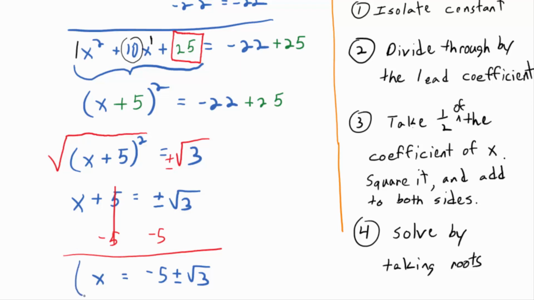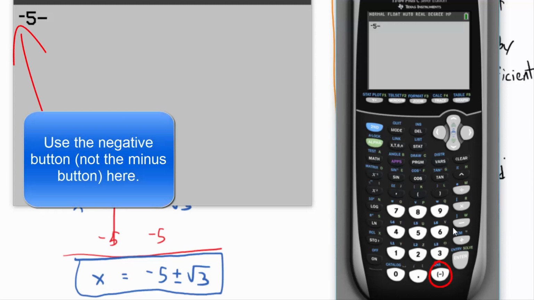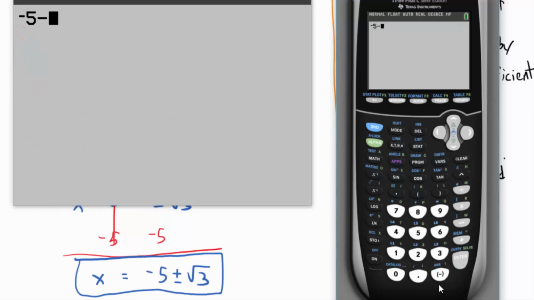Now it might be nice to get a decimal approximation of both of these, right? So let me show you how to do that real quick. Okay, let's do the one with the minus. So you would go negative 5 minus the square root of 3. Use the negative button, not the minus button, the negative button to the left of the enter button if you have a TI calculator.